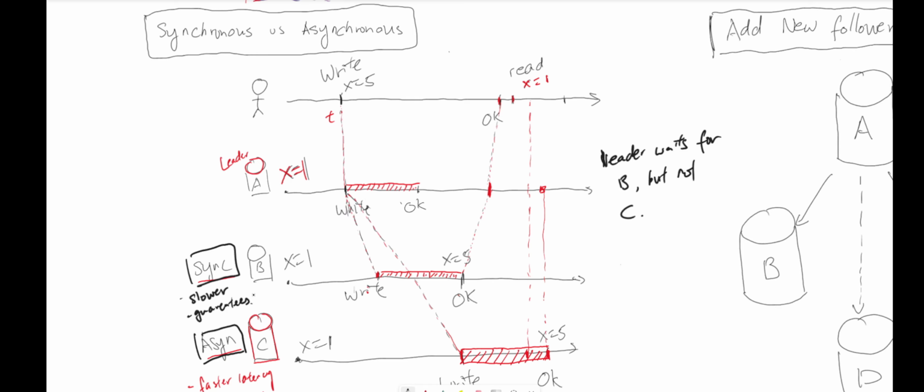Typically in modern databases, we enable what's called semi-sync. Semi-sync means that, let's say you have 5 nodes, only 1 or 2 of them are synchronous. The rest are asynchronous. So that's semi-sync. Hope that makes sense.